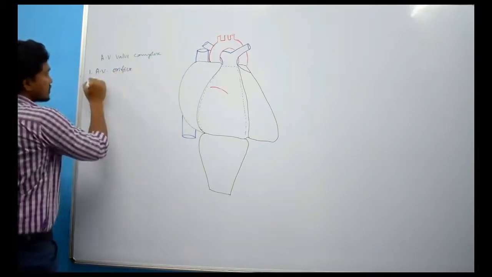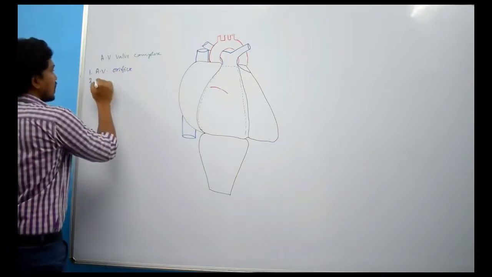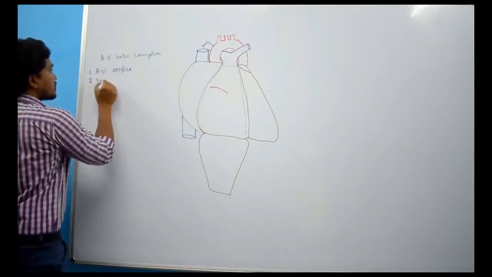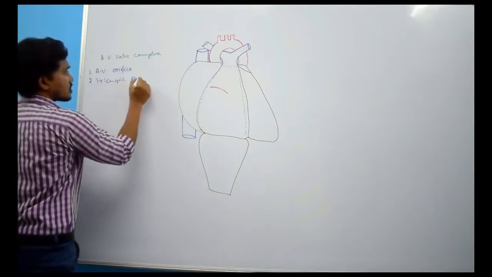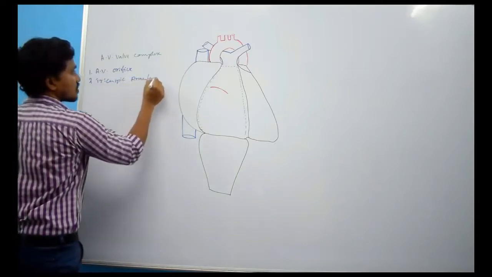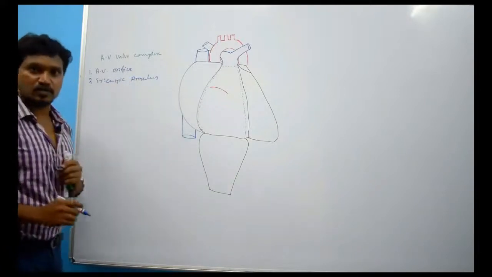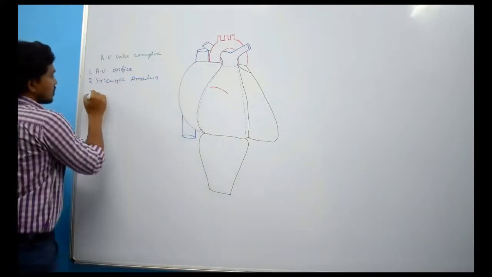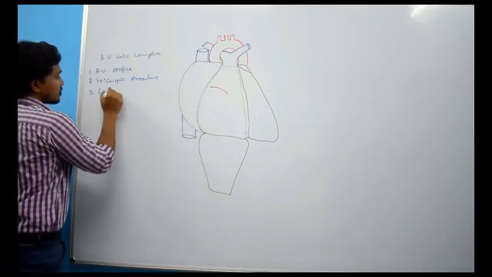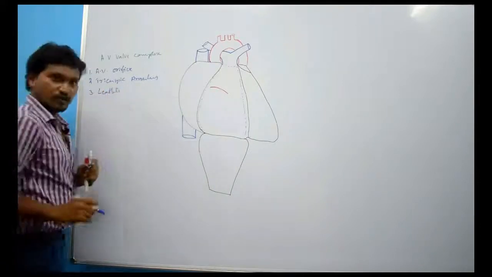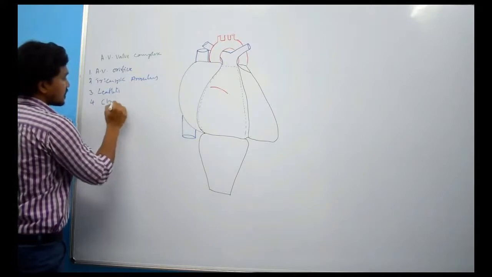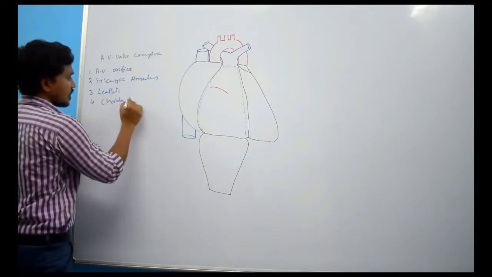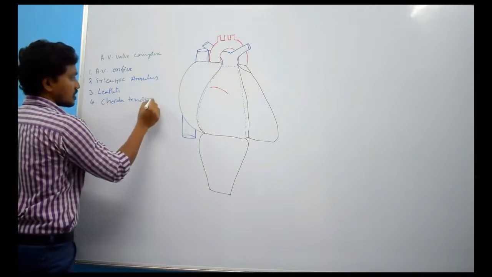Second one is the tricuspid annulus. Then leaflets. Then chordae tendineae.